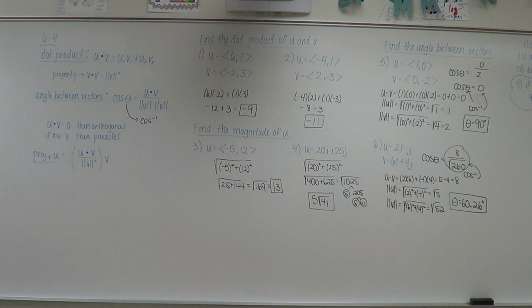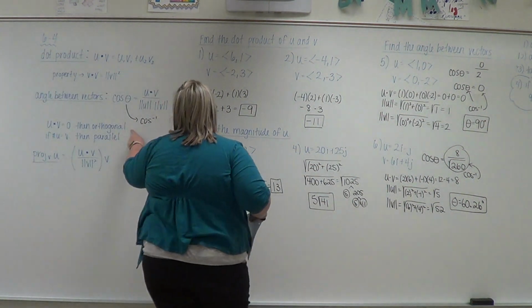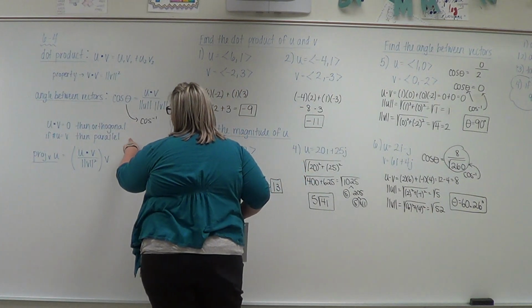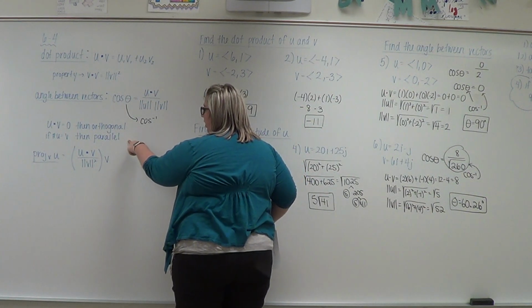Then the next part we're going to find out whether or not it is parallel, orthogonal, or neither. So we're going to know if the dot product of 0 is orthogonal, if you can take a number times it to get the other vector, then parallel.